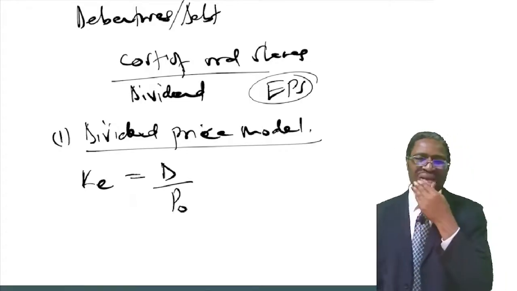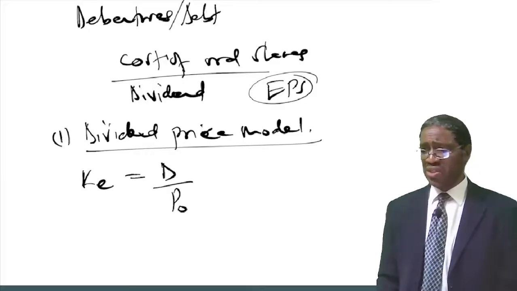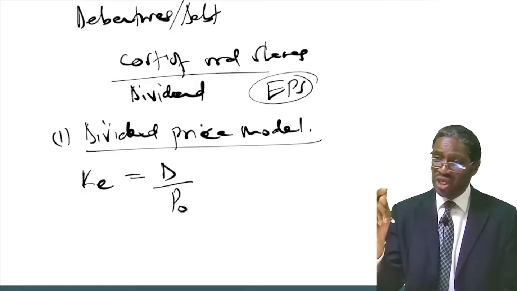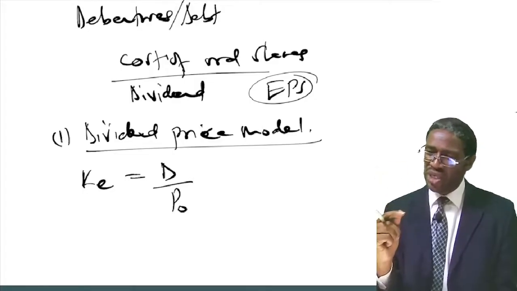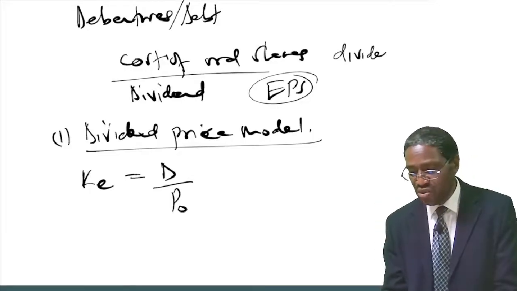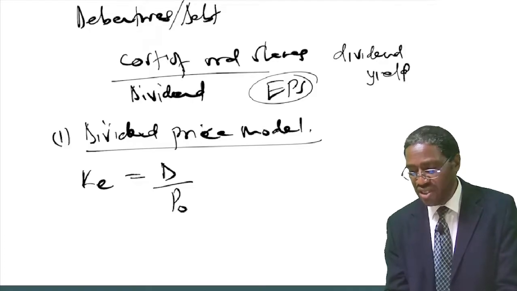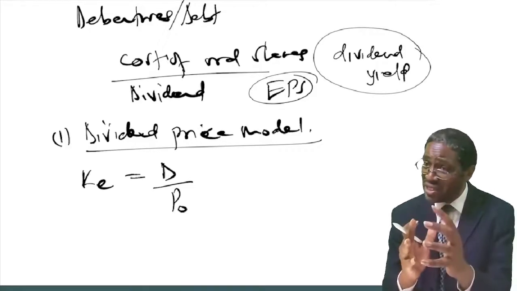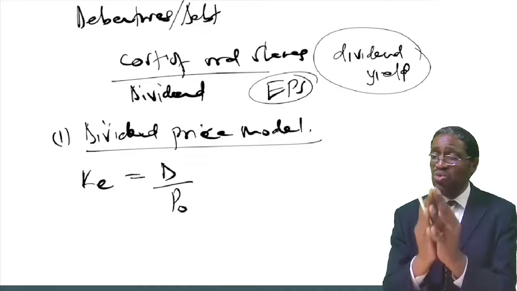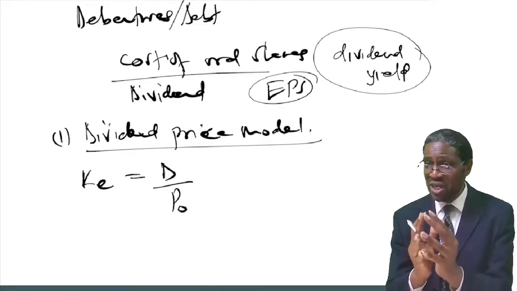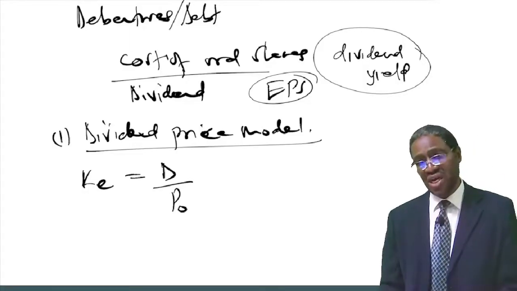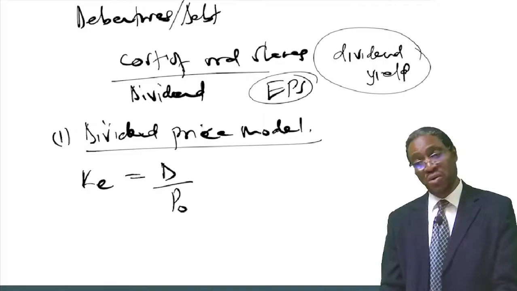Of course, you have done ratios. You know that when you take dividend per share and divide by the market price per share, that is what you used to call the dividend yield. And the dividend yield represents the real return to the providers of ordinary shares.